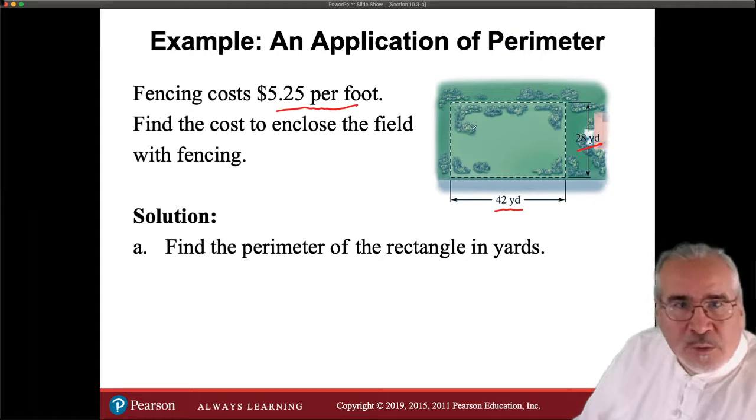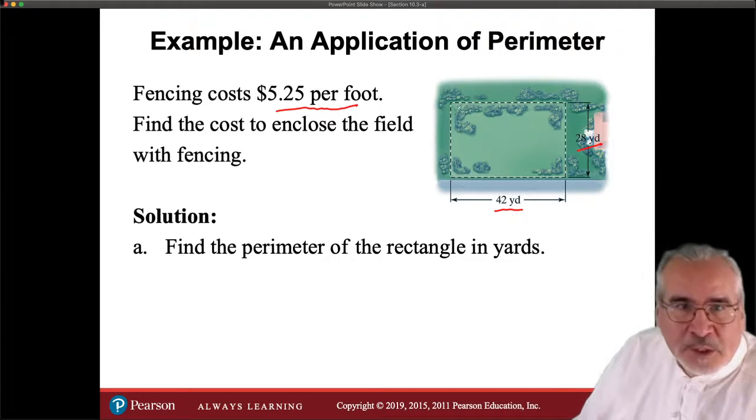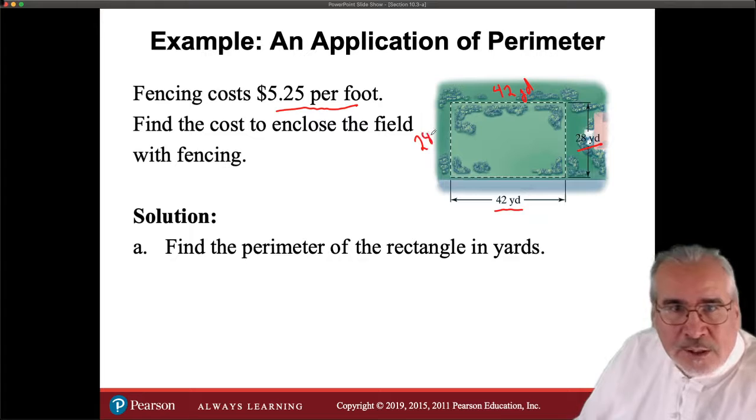Since it's a rectangle, I guess they don't really tell us that, but it appears to be a rectangle, so we're going to have to make that assumption. If this longer side's 42 yards, we will know that the top part will be 42 yards. And then if the right-hand side's 28 yards, the left-hand side will be 28 yards.